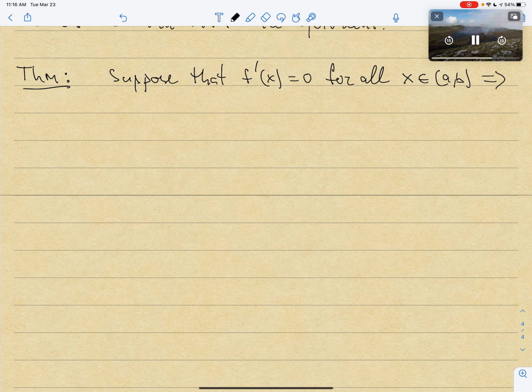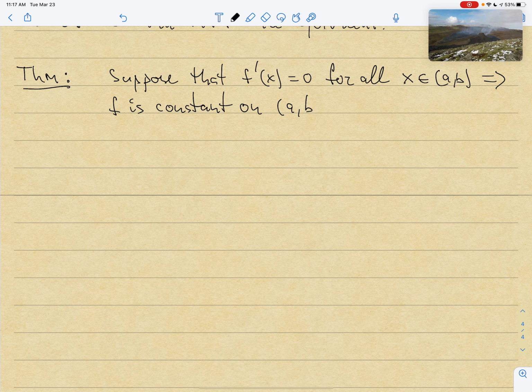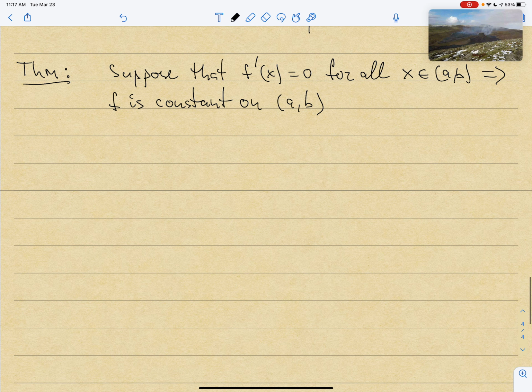And then a consequence of that is that f is a constant on (a, b). Let's do the proof of this.